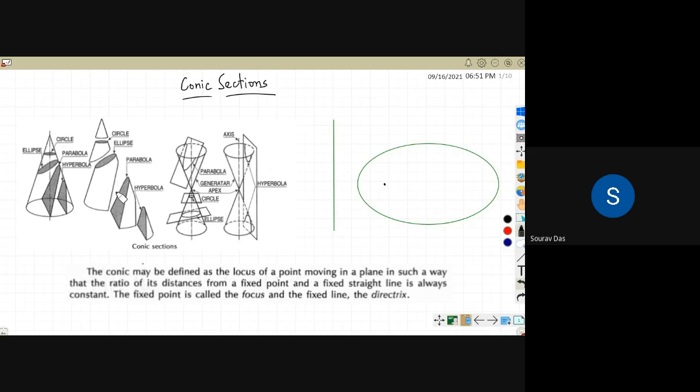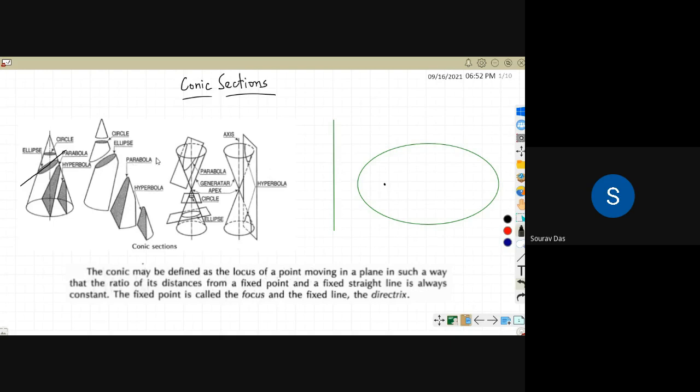A conic section is obtained by cutting a right circular cone by a plane. If we cut the right circular cone by a plane, this will give us different conic sections.